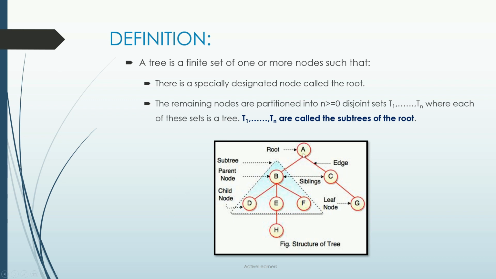For example, to reach the node D you have two edges, and the path from the node A to H is 1, 2, 3, and the path to the node F is 2 and the path to the node G is 2. So which one has the maximum? The path from A to H, it has 3. So the height or depth of this tree is 3.